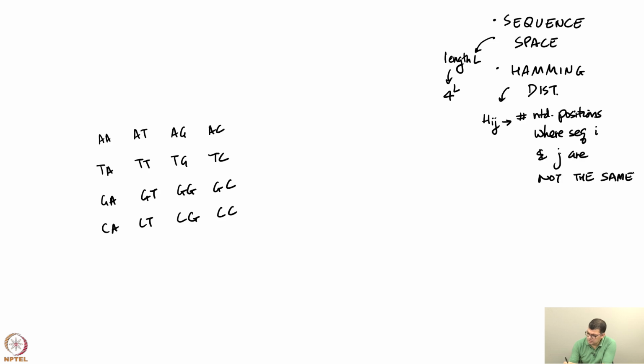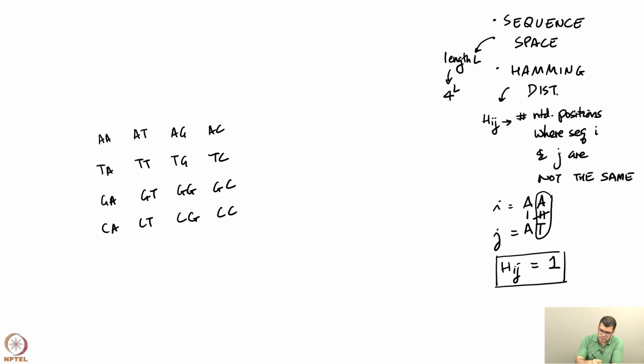So we saw that if sequence I is AA and sequence J is AT, then the Hamming distance between these two sequences is simply equal to 1, because at the first position they are identical, at the second position they are not identical. So the number of positions where they are not the same is 1, and that is the value of Hamming distance Hij.